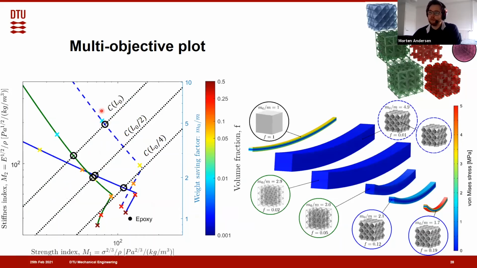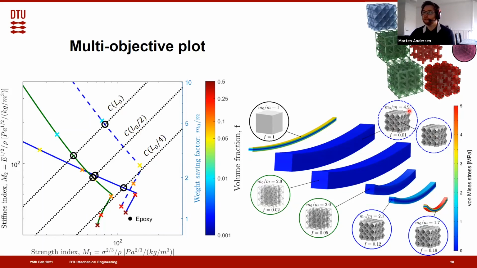So even though it doesn't matter now if it's full length, half length, or full length, the best performing microstructure is actually the second order version of that isotropic plate lattice. So if you're able to build a beam with volume fraction 0.01 and then make it hierarchical, then you could actually have a weight saving of 5 approximately. But I guess we are a few years away from that still.